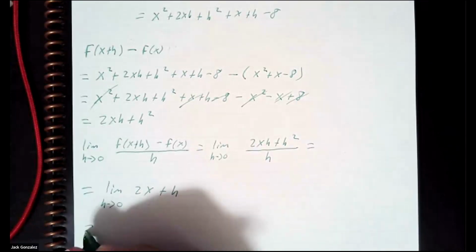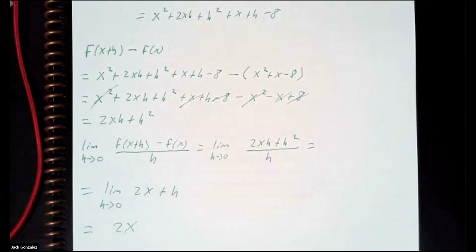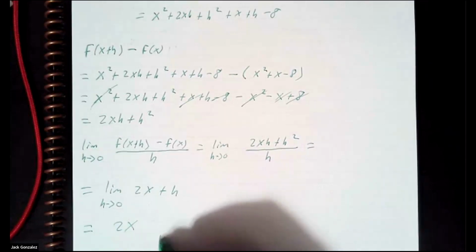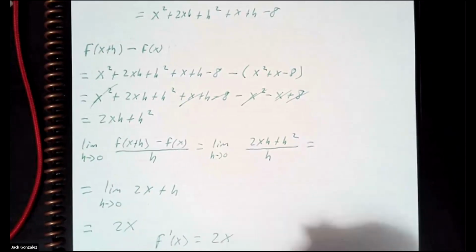So once you take the limit, you end up with 2x. So this is the derivative function of f. So f prime of x is equal to 2x.